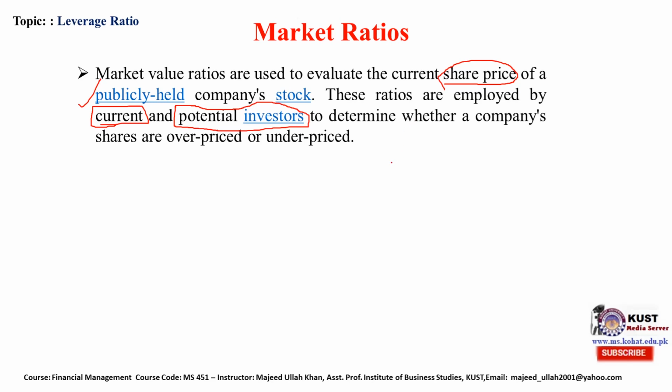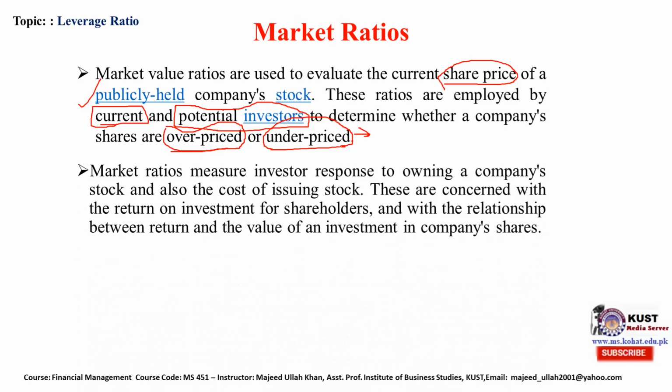What they are going to evaluate in market ratios is whether the company shares are overpriced or underpriced. In case of overpriced, often investors start selling the shares. In case of underpriced, these investors start investing in the stock of the companies.